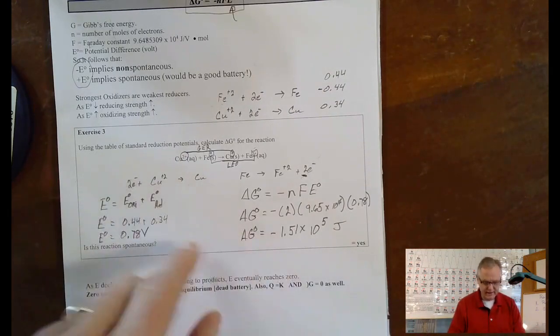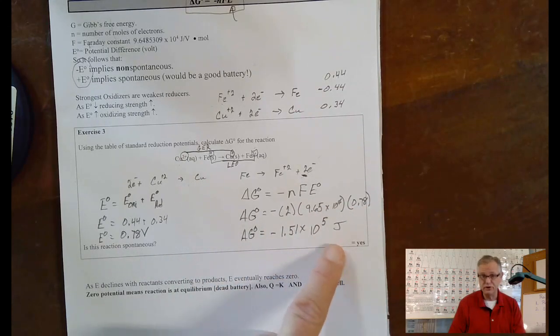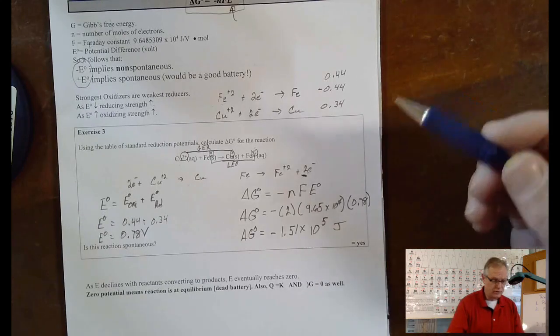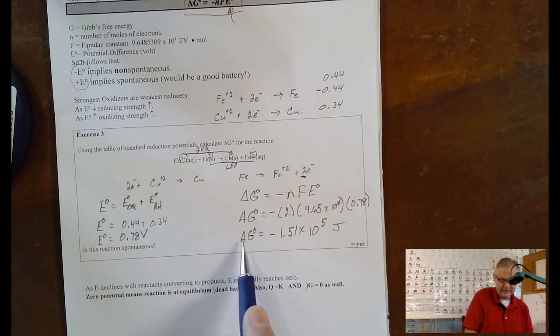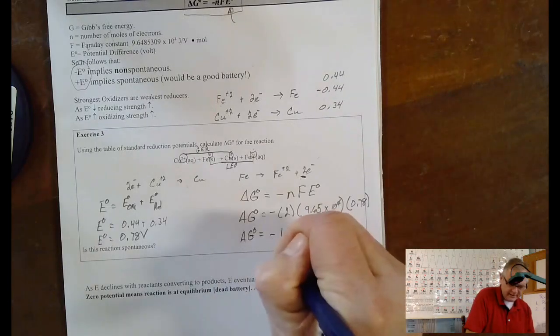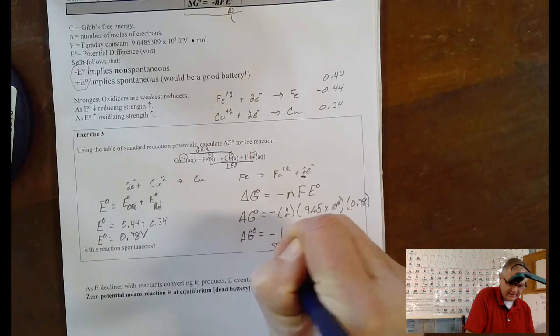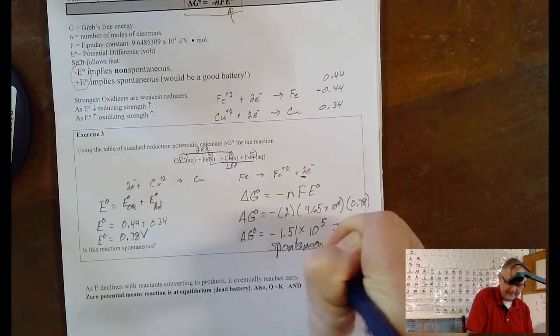So everything cancels out. I'm not worrying about keeping up with the units until I get to the very end and just put joules. The original question says, is this reaction spontaneous? If my delta G is negative, then the answer is yes, it is spontaneous.